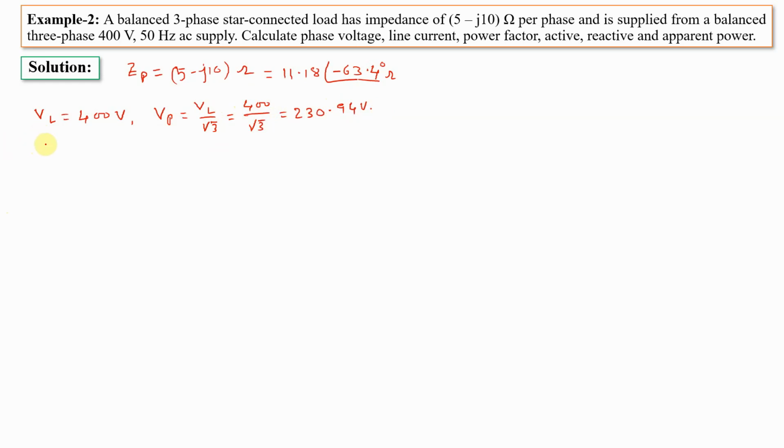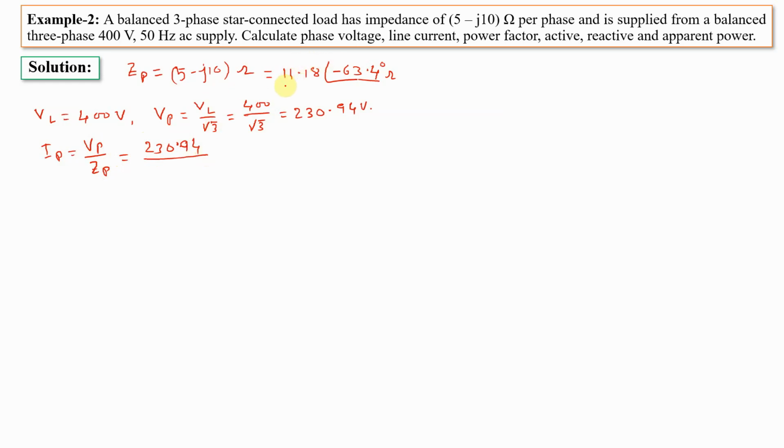So the phase current, as we know, is the phase voltage upon phase impedance. So the phase voltage is 230.94 upon impedance.